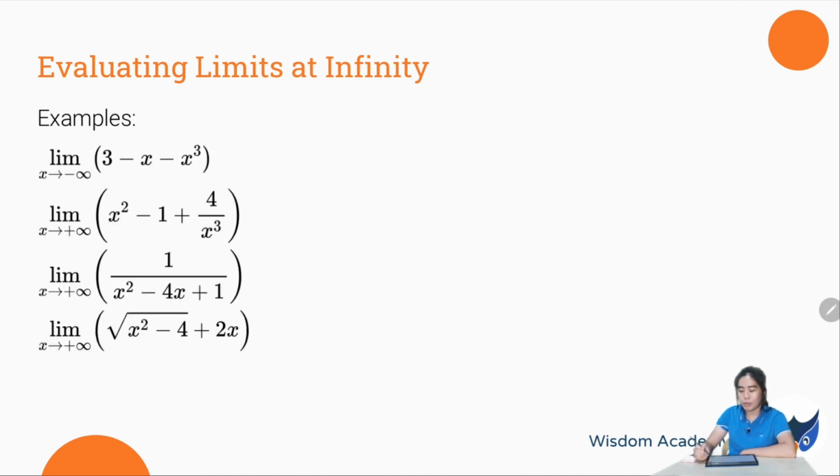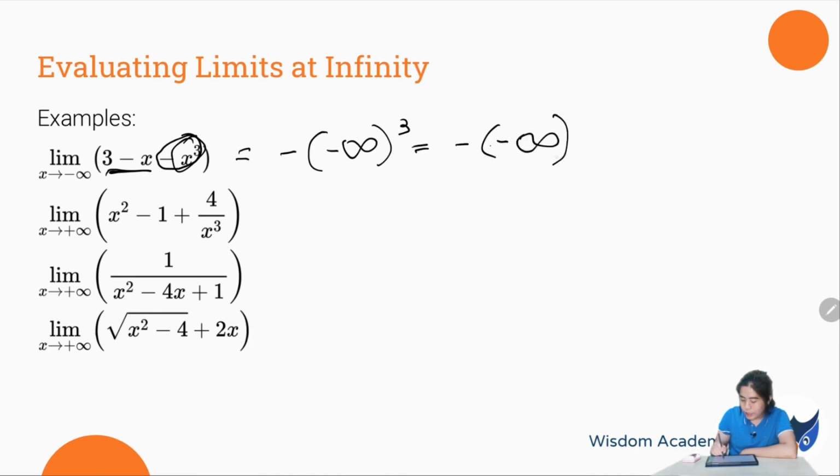And so, some examples where we can apply this: we will find the limit as x approaches negative infinity of this function. We can just disregard the other terms since our leading term is negative x cubed. So, that is all we will do. Negative infinity cubed is negative infinity, so negative of that is positive infinity. The same goes here. Our leading term here is x squared, since this one is in the denominator, so it is not the leading term.